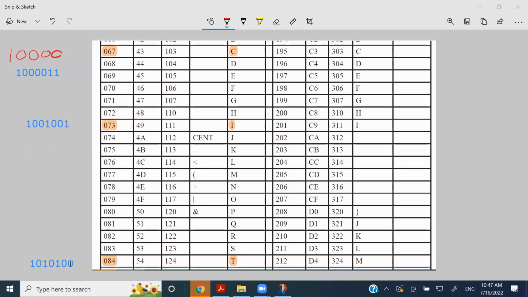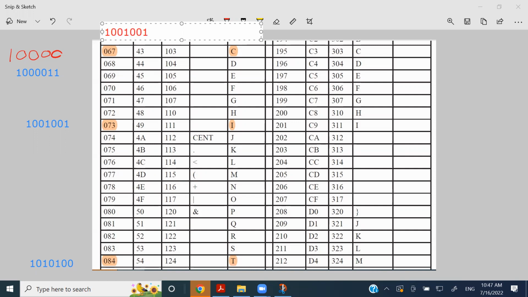Right? So now we know the representation of C, the representation of I, and the representation of T. If you want to have the word ICT represented in ASCII, you have to write it accordingly. So we write I first, 1001001, and then the C. I'll take a different color, right?